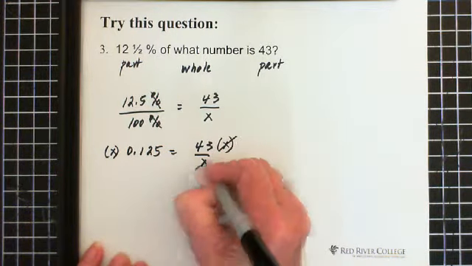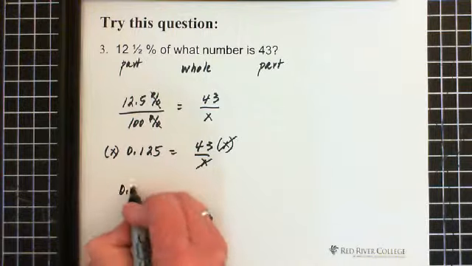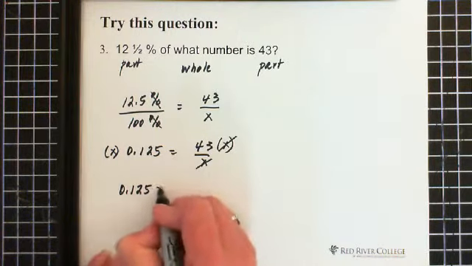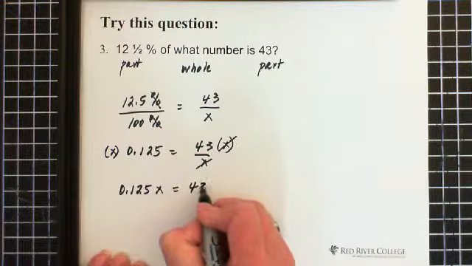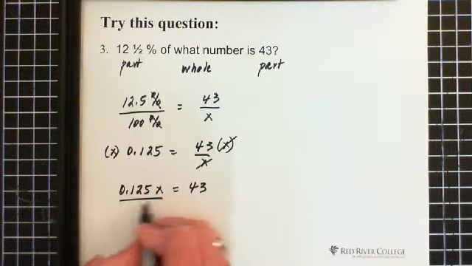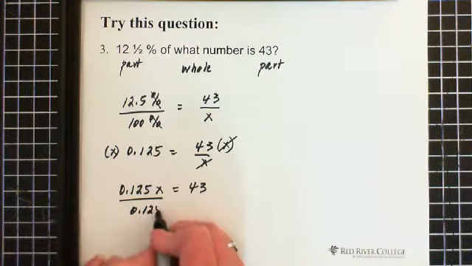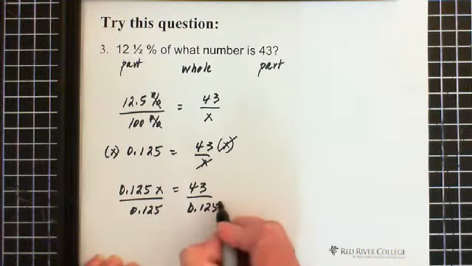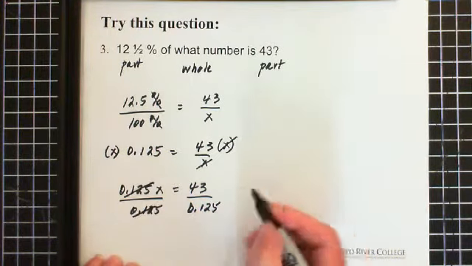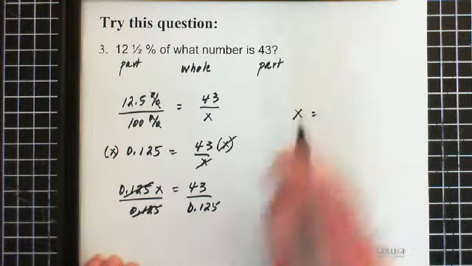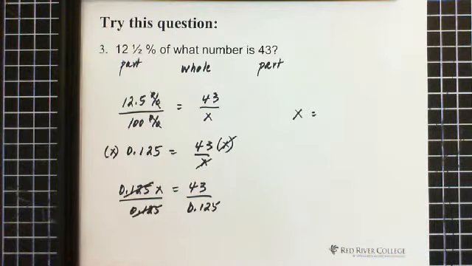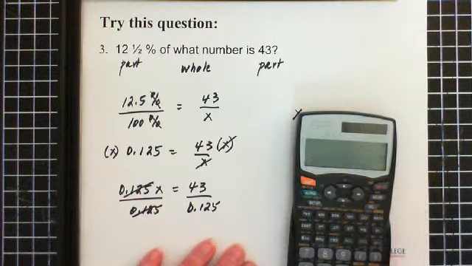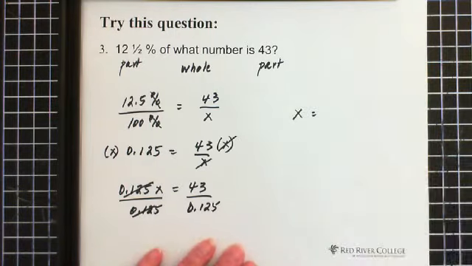These two cancel. So now I have 0.125 times x equals 43. Now I'm going to divide by 0.125 and divide here by 0.125. These two cancel, and we end up with x equals 43 divided by 0.125. So we have 43 divided by 0.125 equals 344.